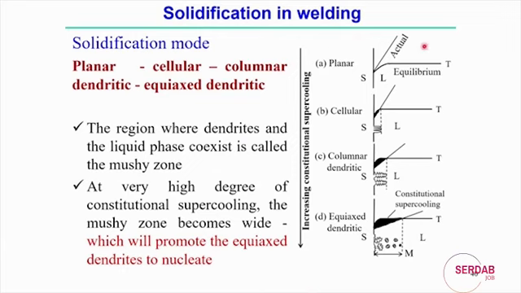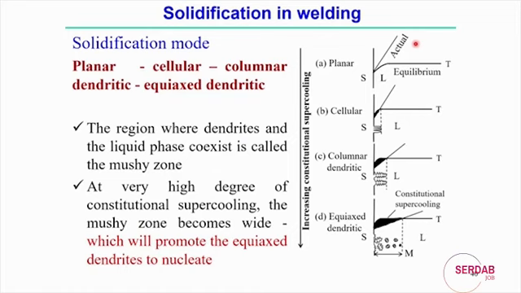Now, graphically also we can see that here the vertical line is the solid liquid interface, and on that side is the equilibrium temperature, and this represents the actual slope in the curve.